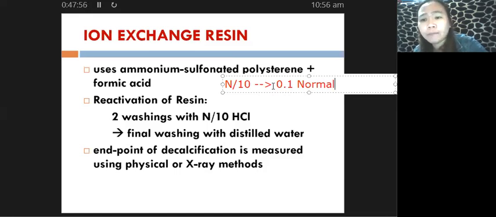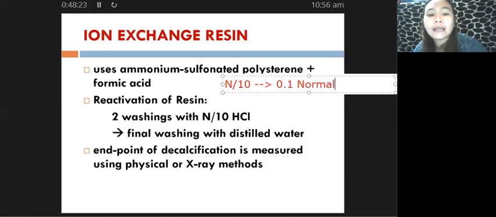Actually, your EDTA is also liable to form carbon dioxide artifact. It is a shared, common disadvantage of the use of EDTA and ion exchange resin in the laboratory. Both of them may lead to the formation of carbon dioxide artifacts.